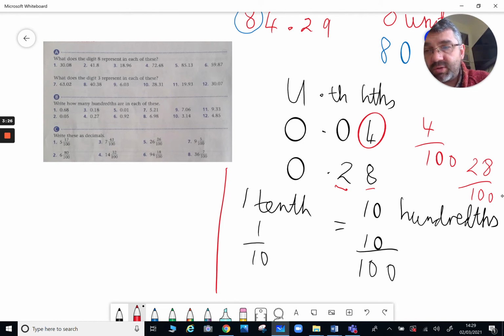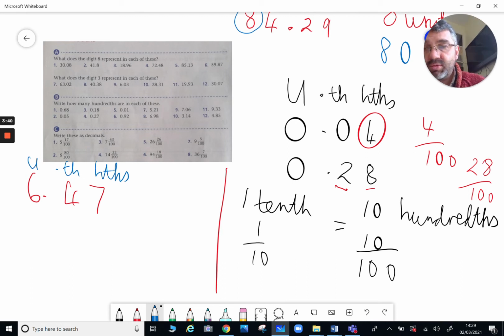The third type is where you've got 3 digits that are not 0. So let's say you've got 6.47. If we remind ourselves, that's units, tenths, hundredths. Well, we've got 7 hundredths here, so we can write that down. Now, 4 tenths is 4 times 10, so that's 40 hundredths.